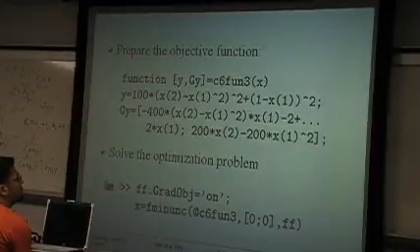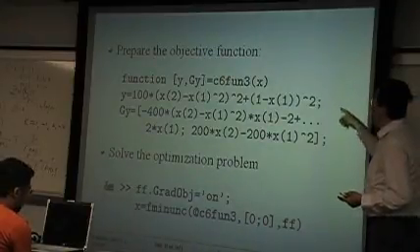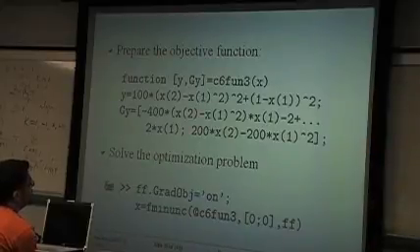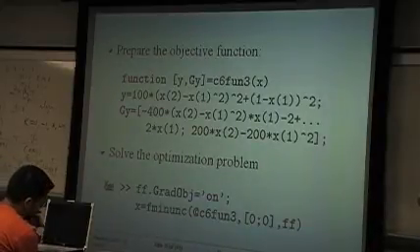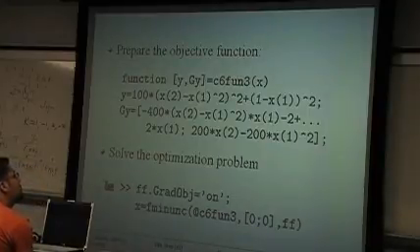Earlier I said there are two ways to describe the objective function. One is by .m file, which is the way I used here. The other one is by anonymous function. So there are two ways. I recommend this one always.